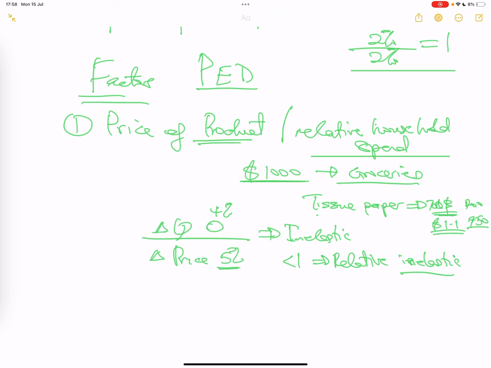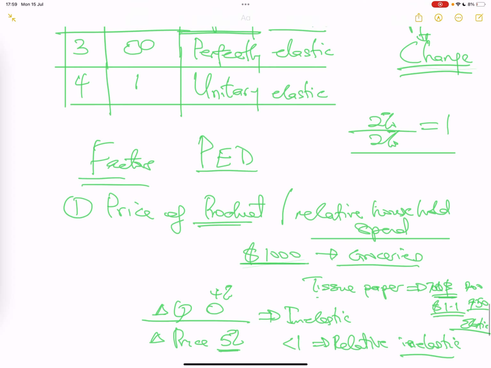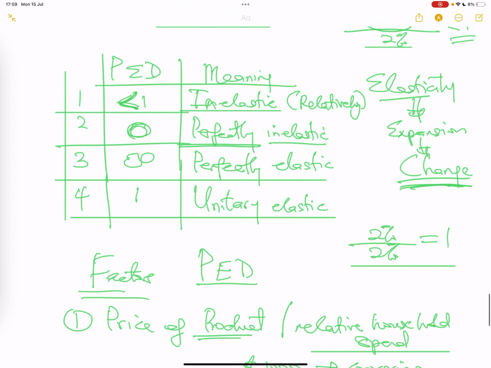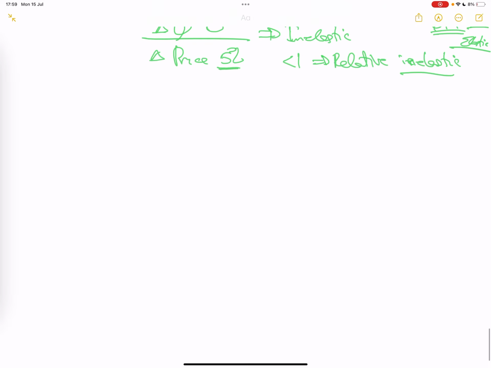In that case, you might even stop buying the product and go look for another product, and in that case it becomes elastic because it's significant. Now the change is burning your pocket. You're going to shake and make changes. And when the change is so high, remember, it becomes very elastic. If the change is very low, it becomes inelastic. So that's a quick way to understand.